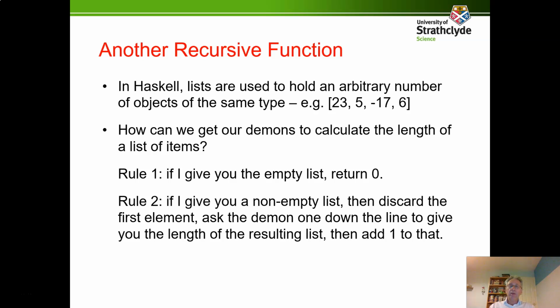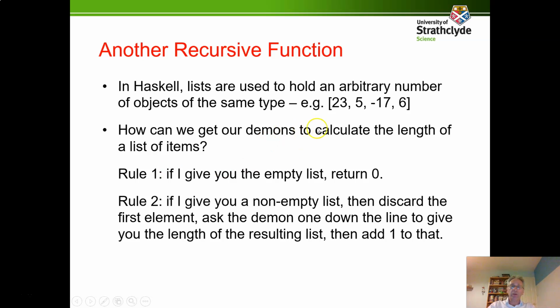But if I give you a non-empty list, just take the first element, throw it away, and pass the next Steve down the line the list with that element removed, and ask, what's the length of that list? And when next down the line Steve comes back with the answer, you then add 1 to it.